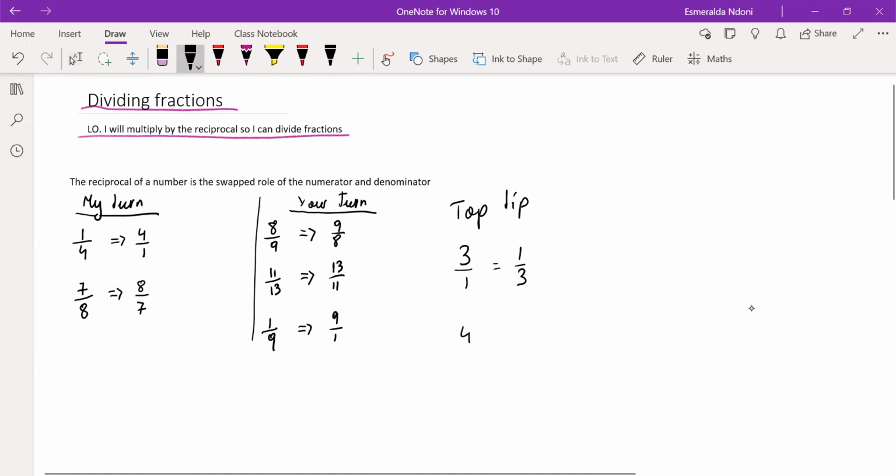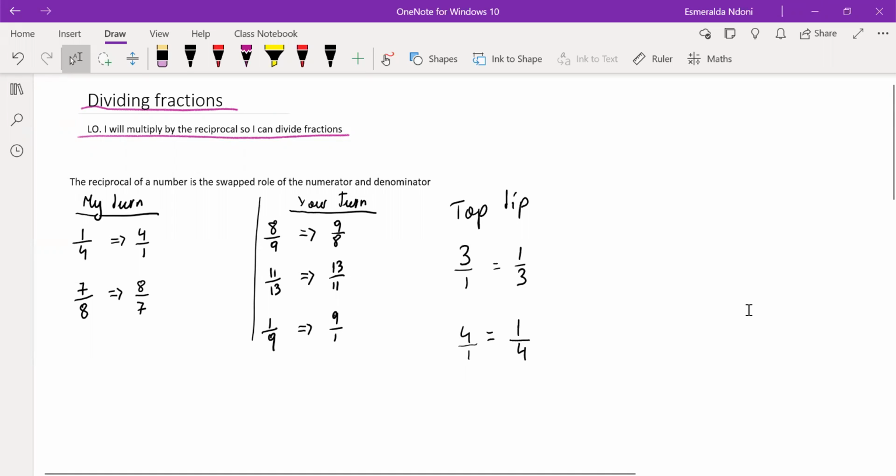So what is the reciprocal of number 4? That would be 1/4 because 4 is the same as 4/1. We write that as over 1 to help ourselves. So we have now the first skill that we need to divide fractions.